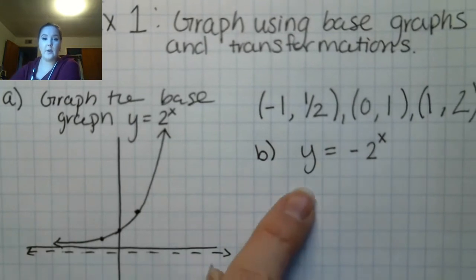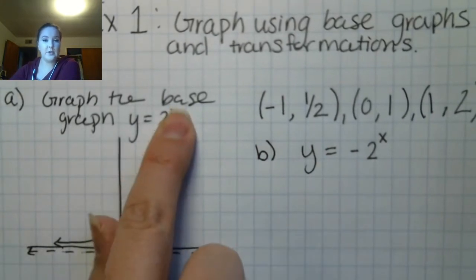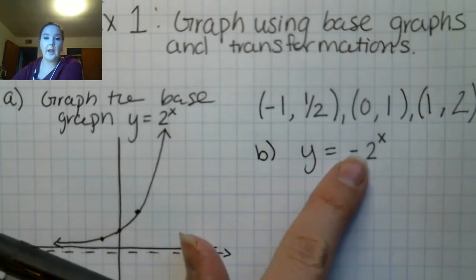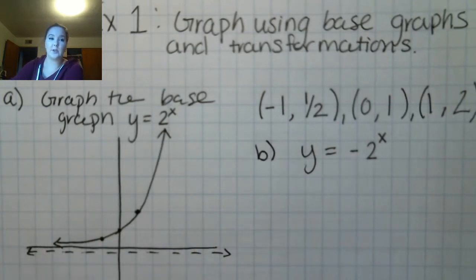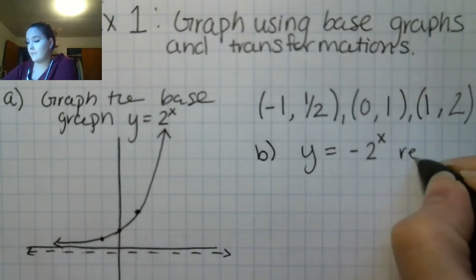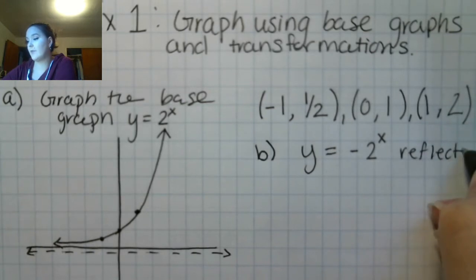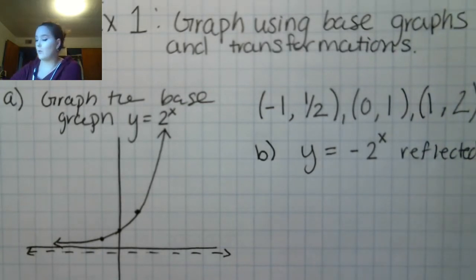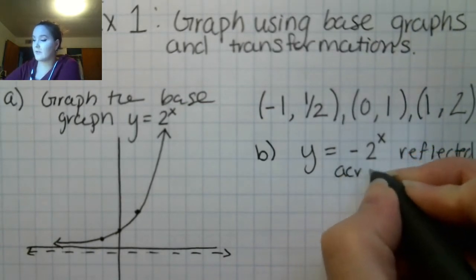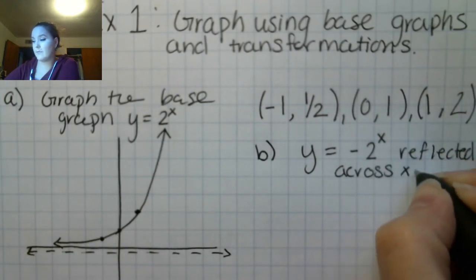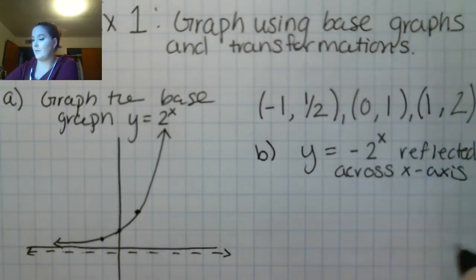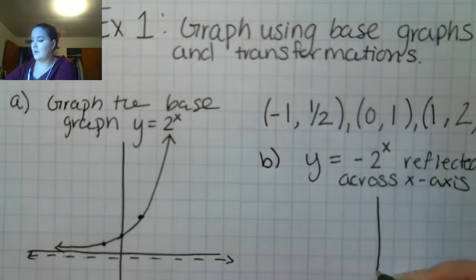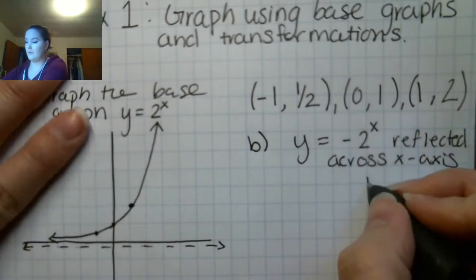Of course this is going to be the base graph 2 to the x power, and this minus sign is going to reflect it up and down, or across the x-axis. So let's go ahead and look at our graph.